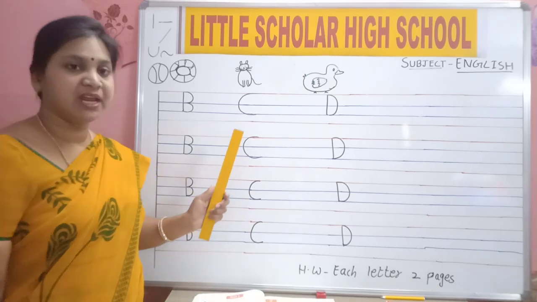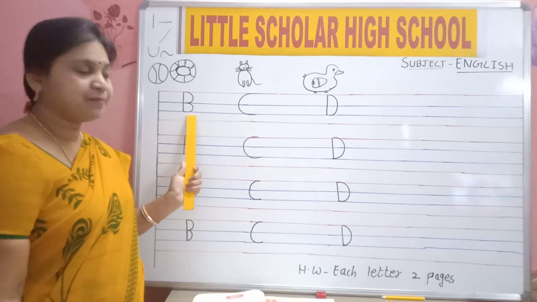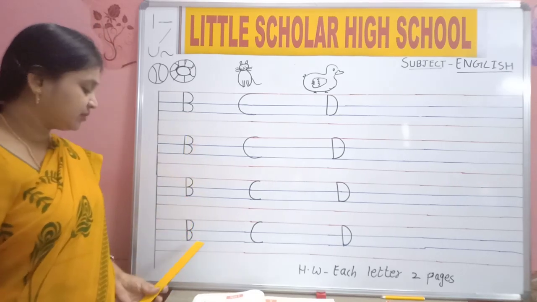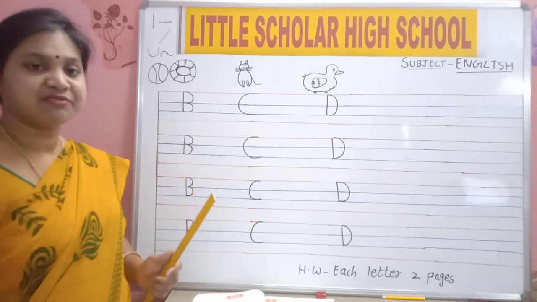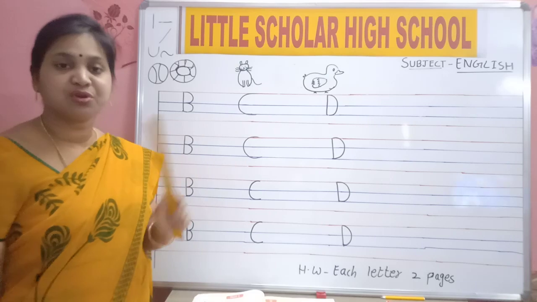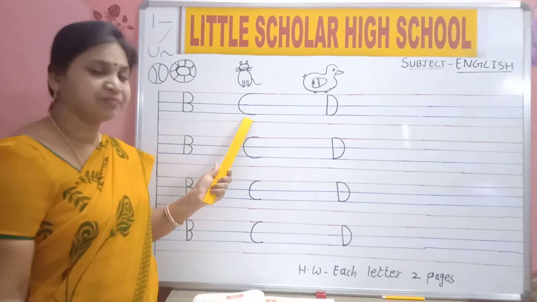So write it very neatly. B, B, B, B. Are you repeating after me? When I am putting my scale on that letter, you should also say which letter that is. Come on, say.